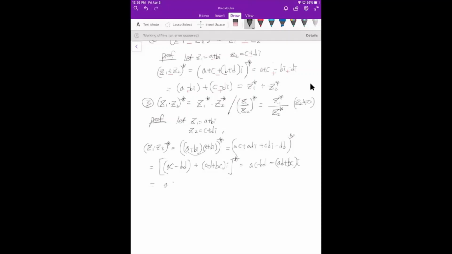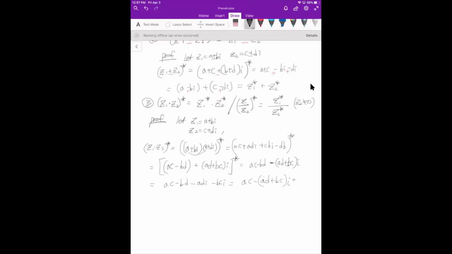Okay, now what do I have? I have ac minus bd minus adi minus bci. What I'm going to do is try to take ad plus bc in the middle and then put i there.